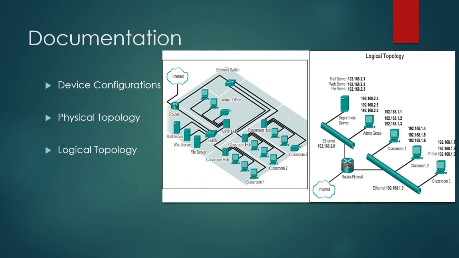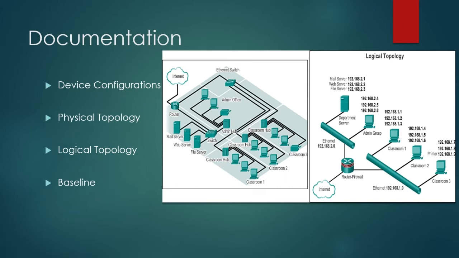As you can see here on the left, we have an example of a physical topology that is focused way more on where the devices are located, and then on the right you have more of a logical topology listing IP addresses.